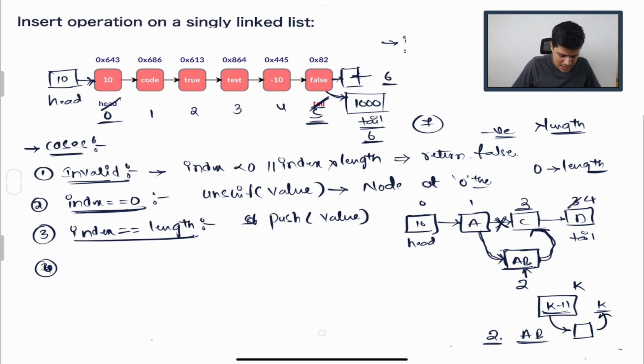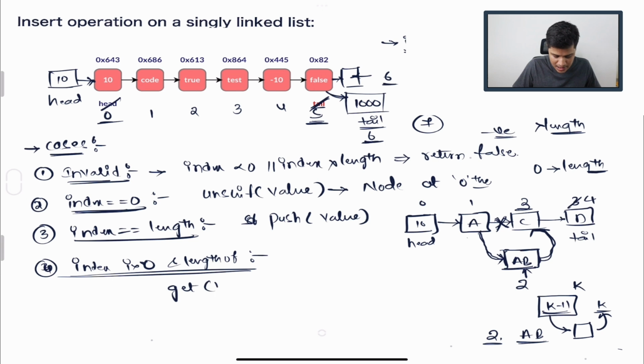Otherwise, index is greater than 0 and less than the length of the linked list. If this is the case, first we will get the k minus 1th node.